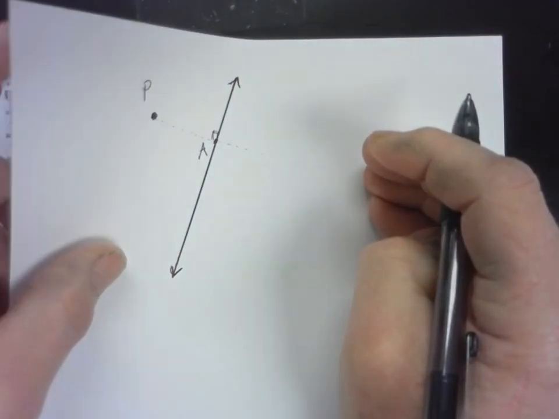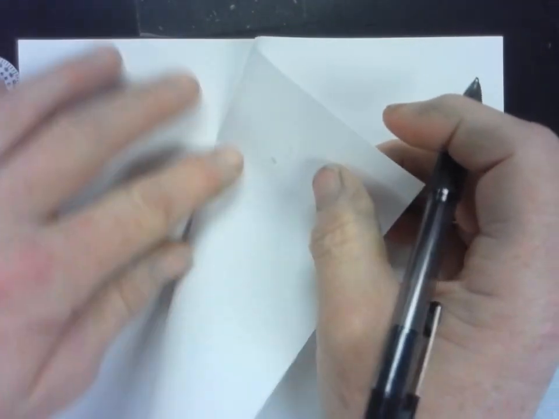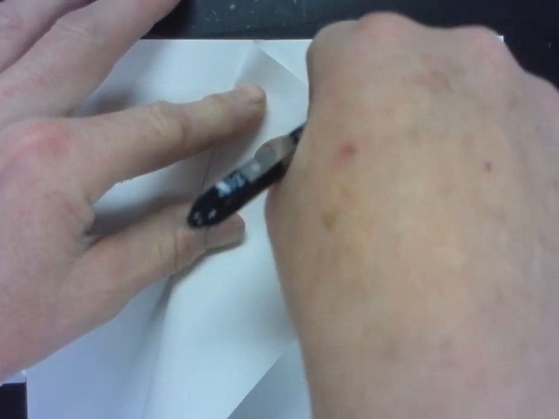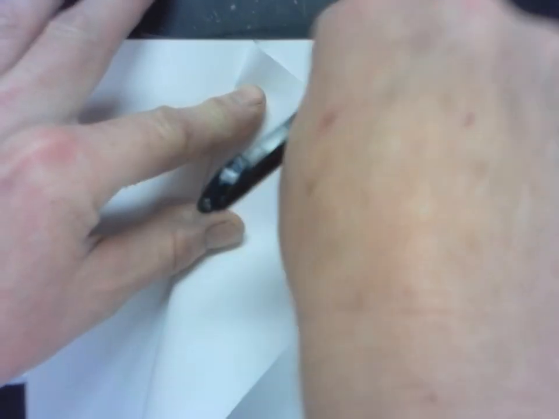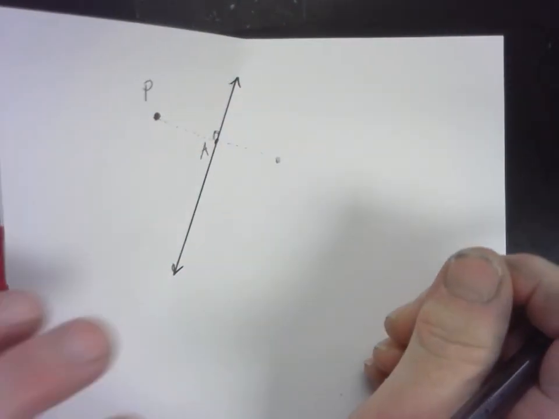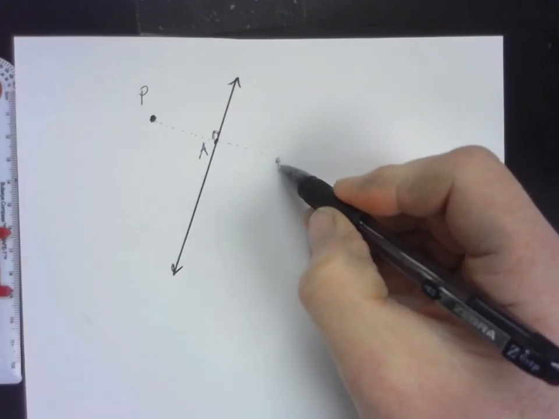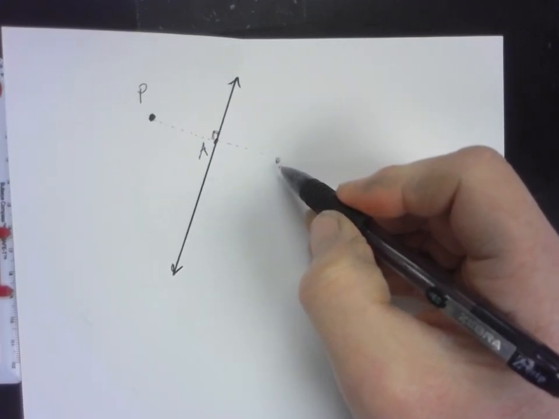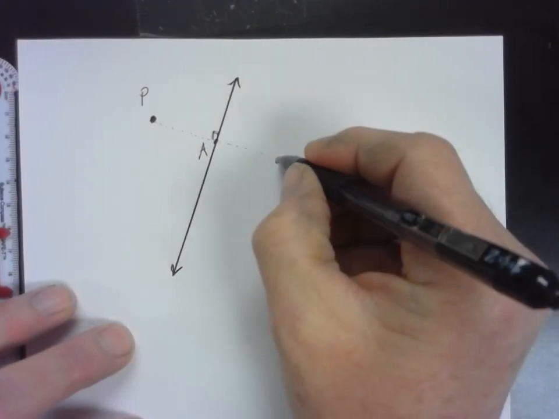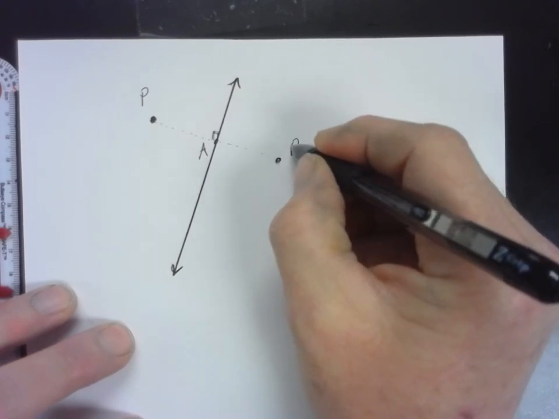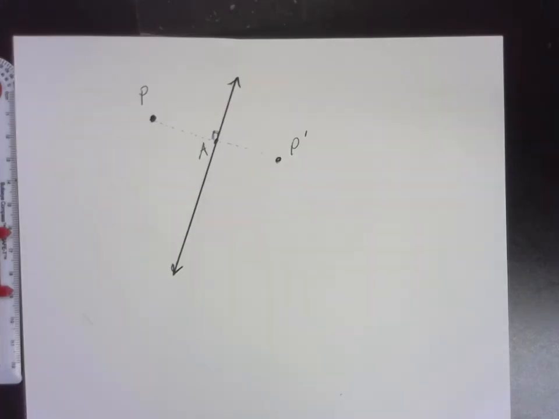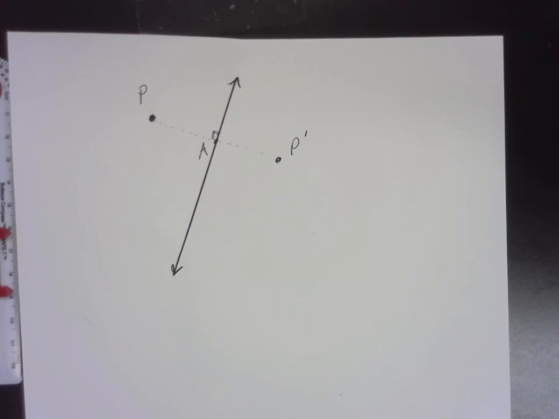I'm just going to fold it across that line of reflection, and I'm going to come over here like that. Can you see it? Hey, it worked. Even my little dots worked. So there is point P prime. So that's reflecting across a line of reflection.